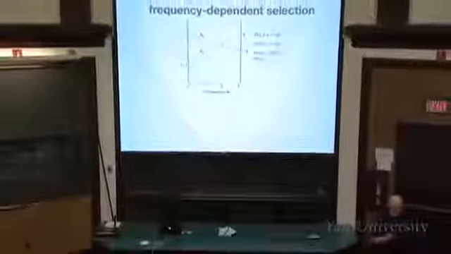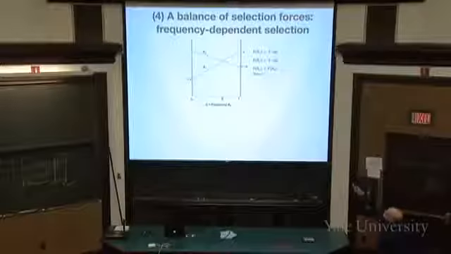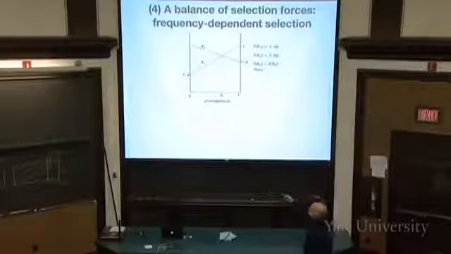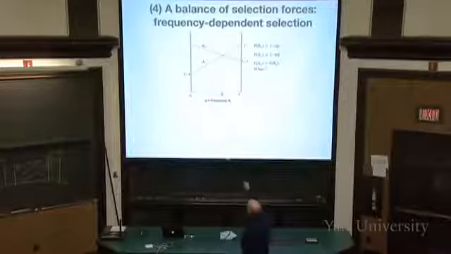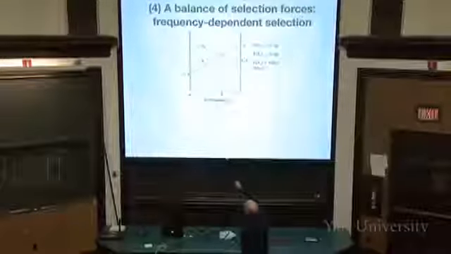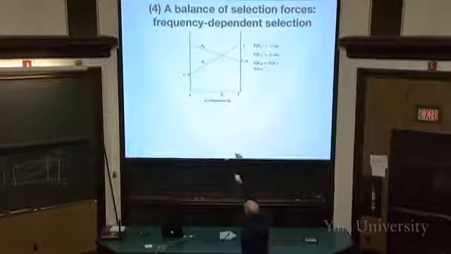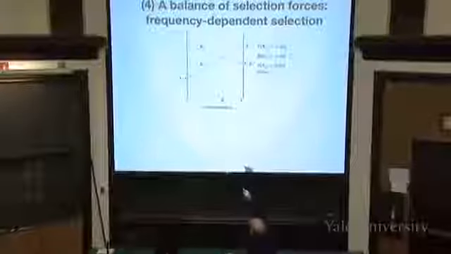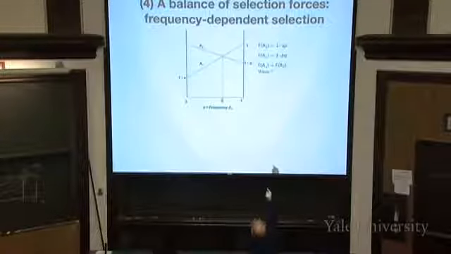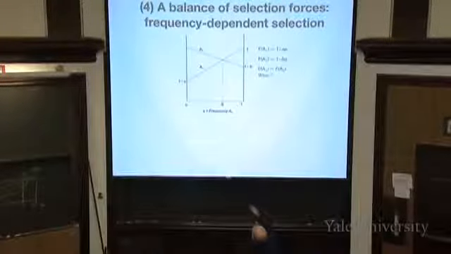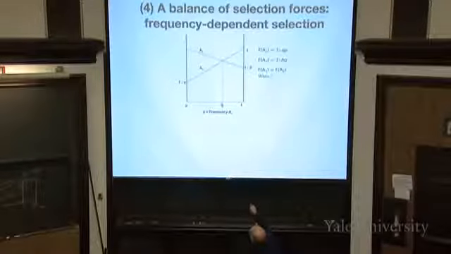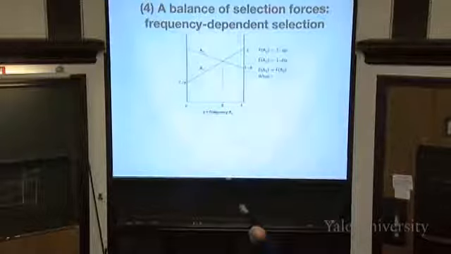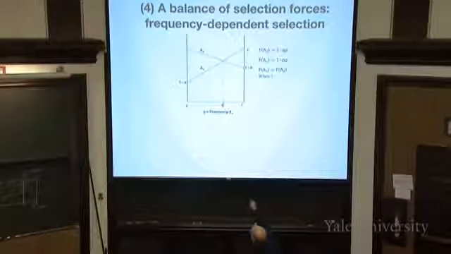The fourth mechanism is a balance of selection forces, so that, for example, for A2, when A2 is 0, it has high fitness here, and as it increases in frequency, its fitness drops, according to this equation. Now, the frequencies of A1 are just reversed along this axis. A1 is 1.0 here, and it's 0 here.